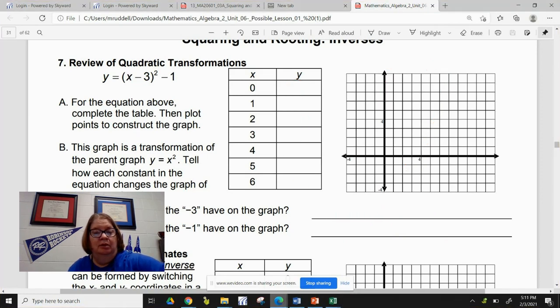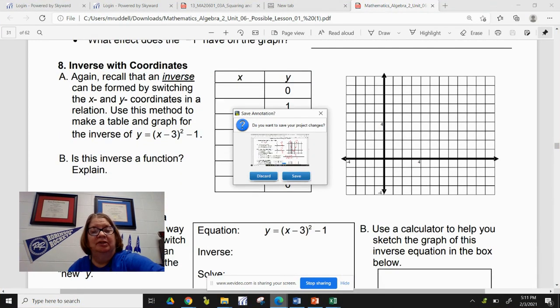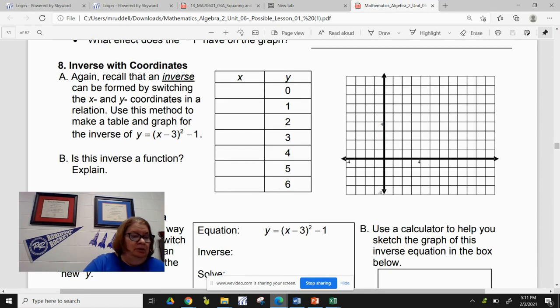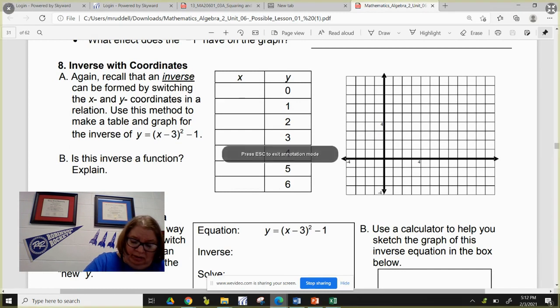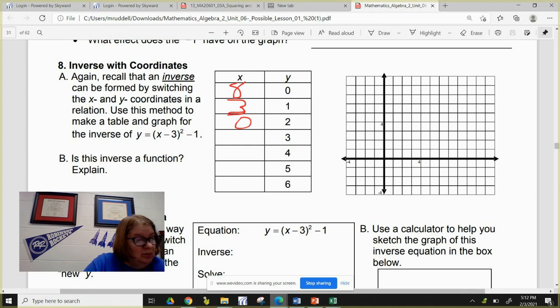Now, I'm going to make the inverse. So we're going to switch the x's and the y's. So the x's become the y's and the y's become the x's. So here we have 8, 3, 0, negative 1, 0, 3, and 8.